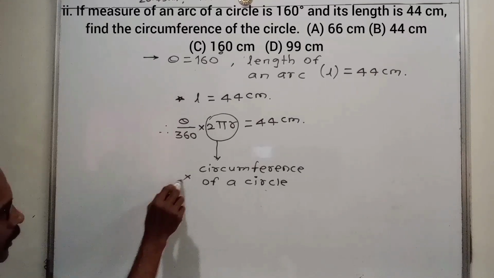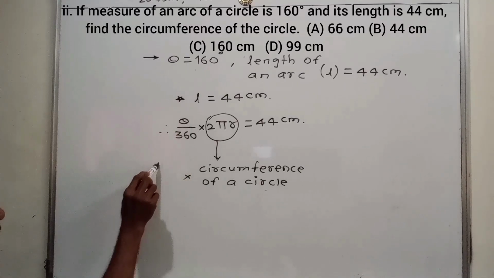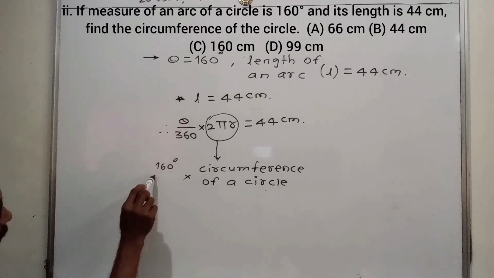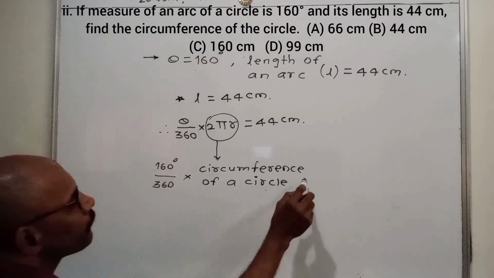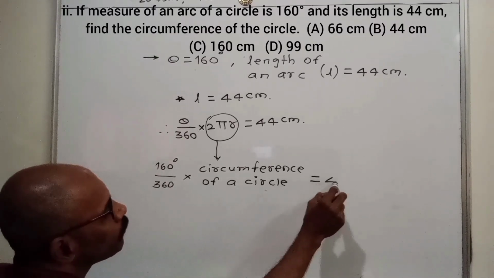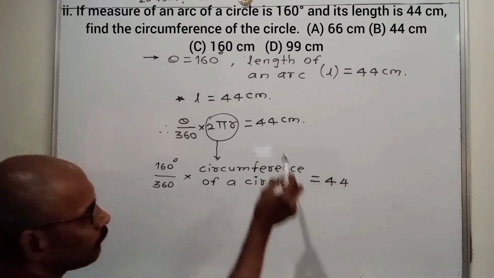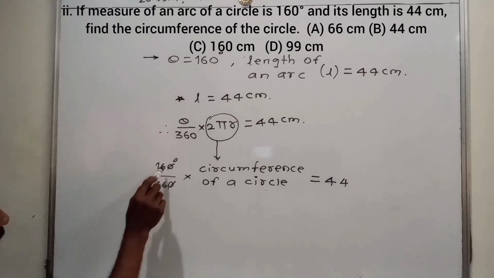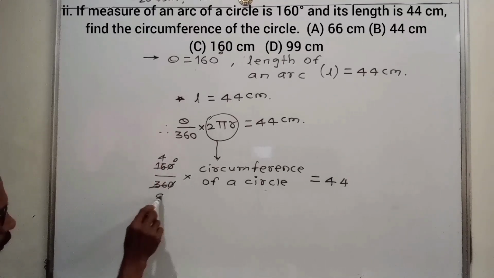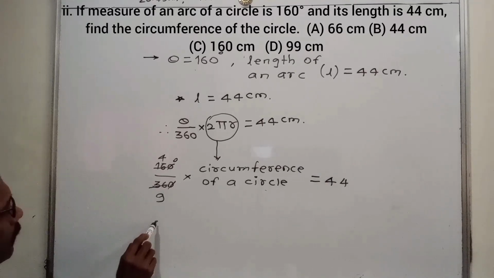Okay. Into theta, 160 degree upon 360 is equal to 44 centimeter. 0 0 cancel. 4 fours are 4, 4 nines are 9.